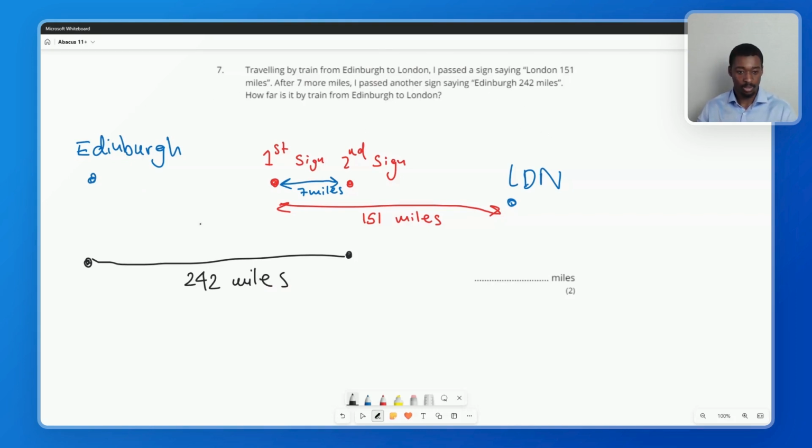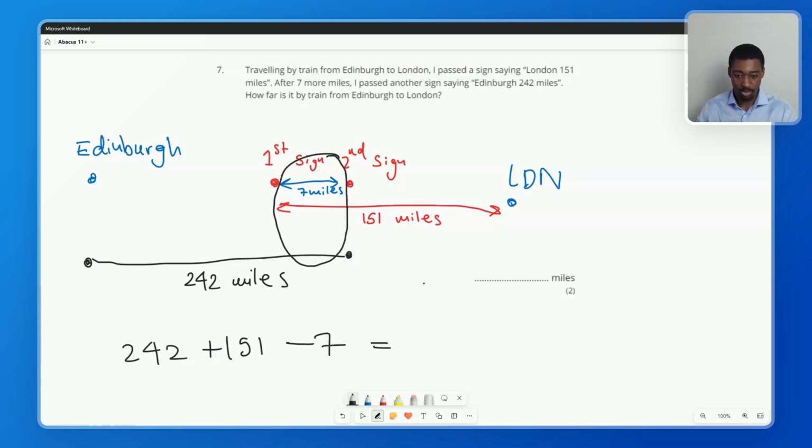Well, think about it. It's going to be the 242 add the 151 minus the overlap. So we have 242 plus 151 minus the overlap, this overlap here of 7 miles.